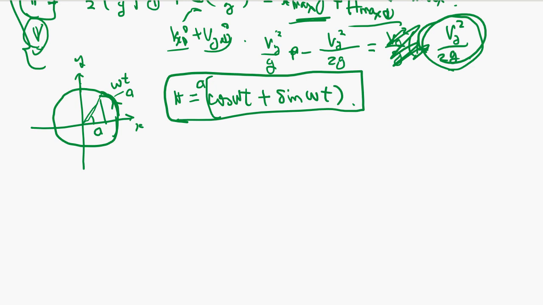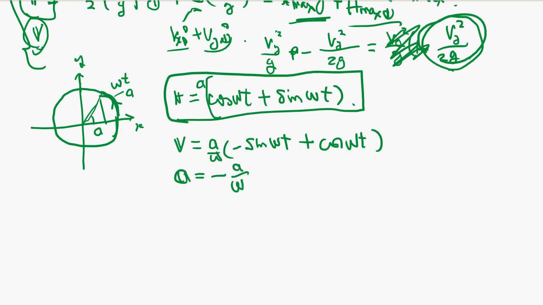You take a derivative, then V equals A omega times minus sine omega t plus cosine omega t. And the acceleration is going to be negative A omega square times cosine omega t plus sine omega t.